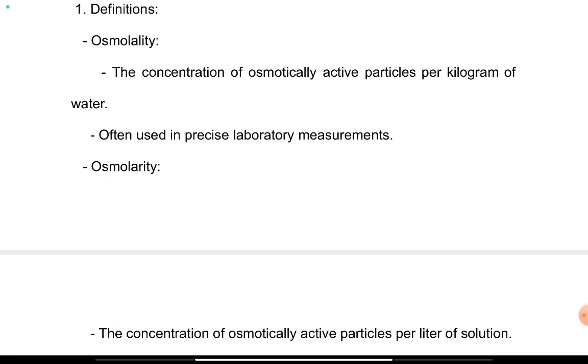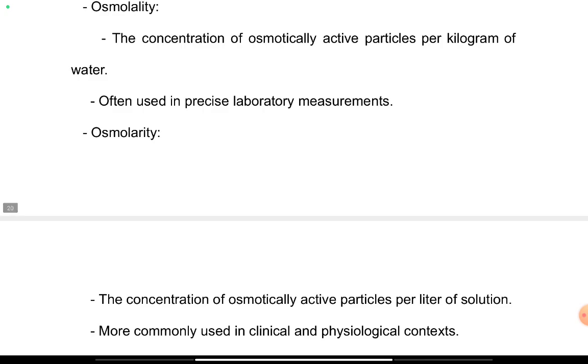Osmolality is the osmoles, the osmotically active particles, per kilogram of water. But when I say kilogram of water, you might be confused: is water a mass? Is it really a solid mass? Why is it represented in kilograms? That's where the fault lies in osmolality.